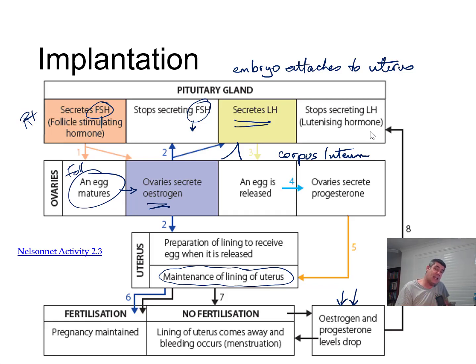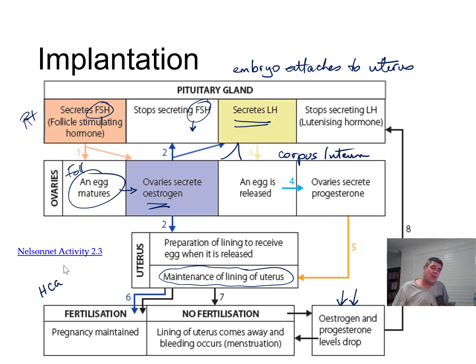But if the egg is fertilized, then it will start from its zygote stage. It'll start to divide and divide, and become a ball of cells. And that ball of cells may end up reaching the walls of the uterus. And when it does that, it's going to secrete human chorionic gonadotropin.